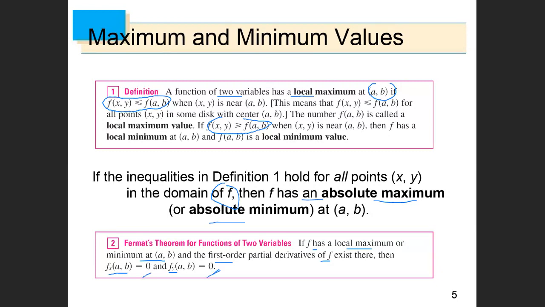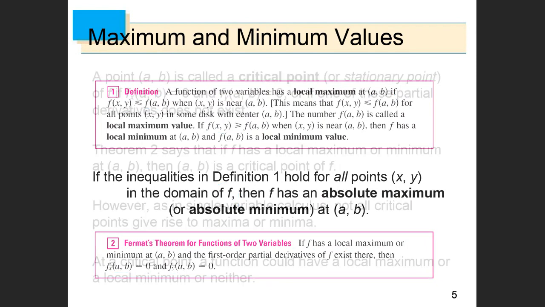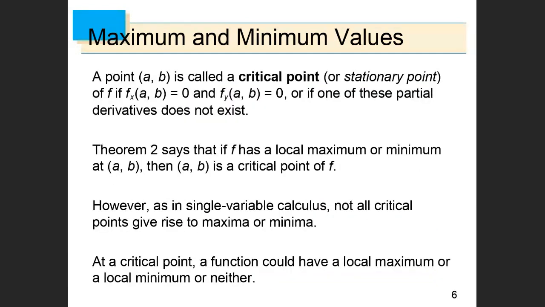Okay? So we have what we call a stationary point or a critical point, a point where the gradient is equal to 0. Right? The gradient of f here would be equal to the zero vector. So this is Fermat's theorem for functions of two variables.